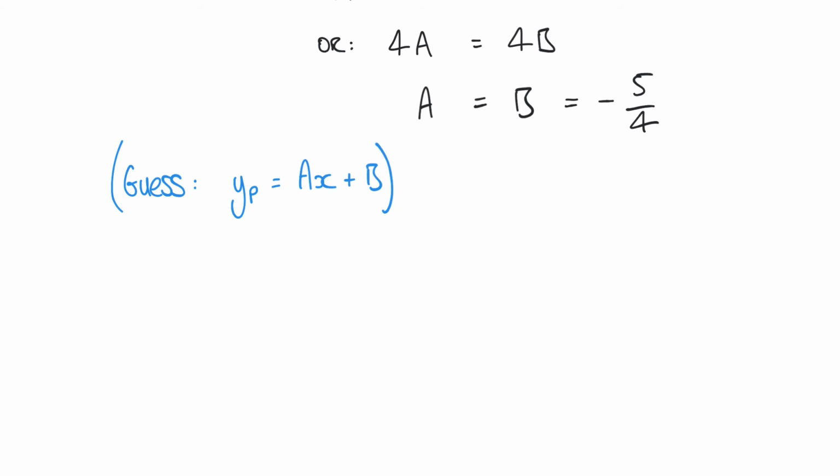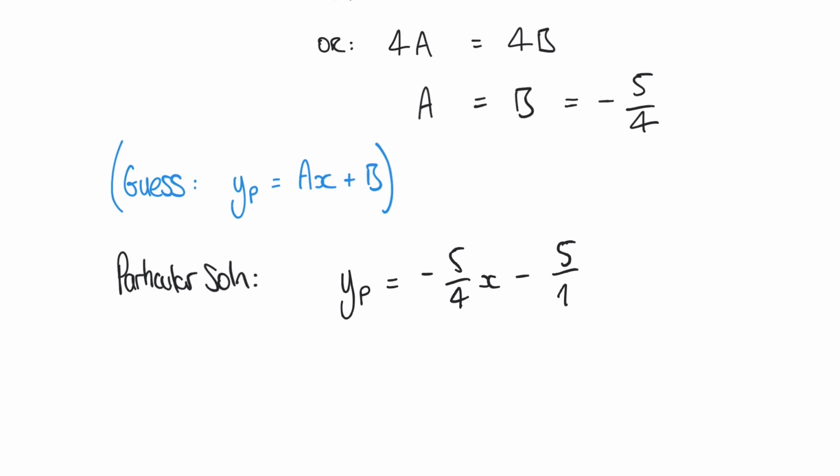If you remember, we said that yp is equal to Ax plus B. Well, now we know better. We know that A is minus 5 over 4 and B is minus 5 over 4. And so the final particular solution becomes this. We have yp is equal to minus 5 over 4 x minus 5 over 4. Or we could express that as minus 5x plus 5, all over 4.